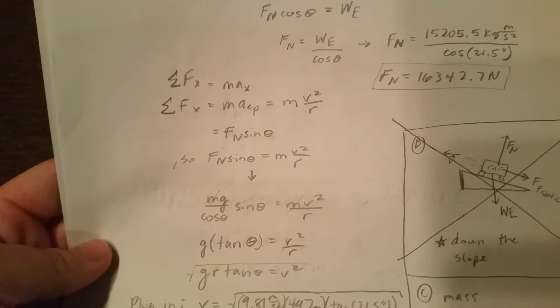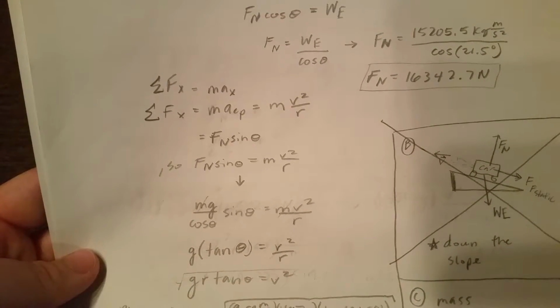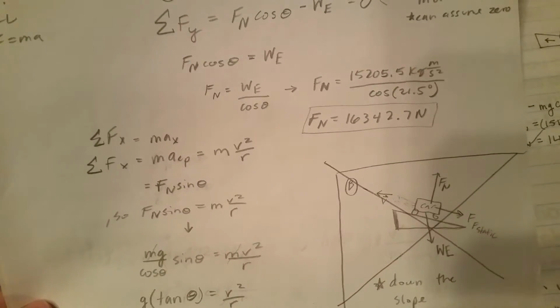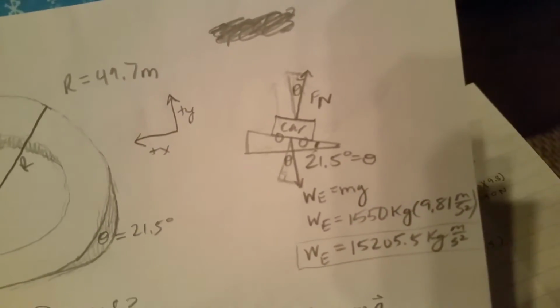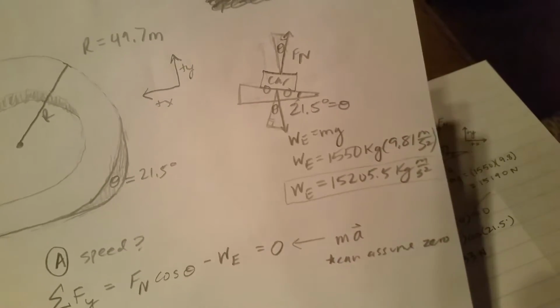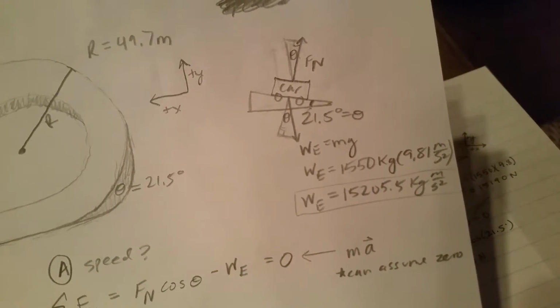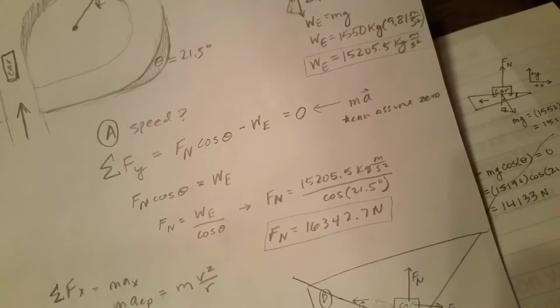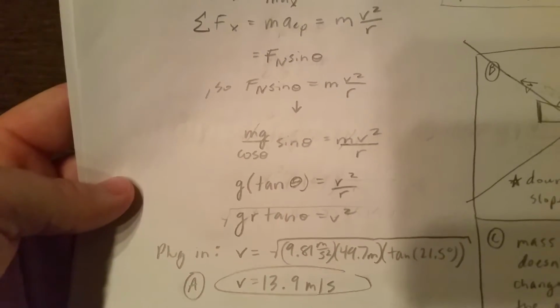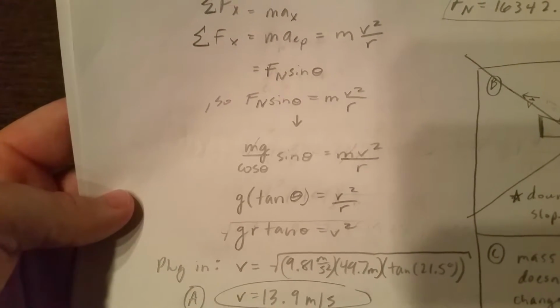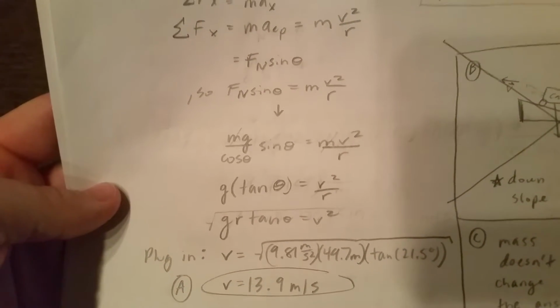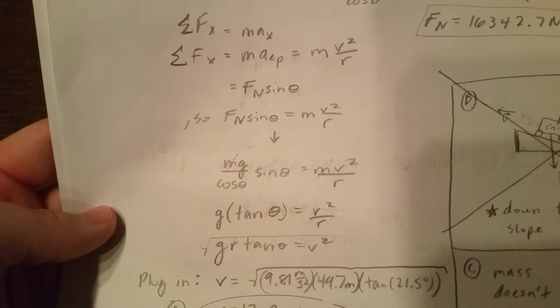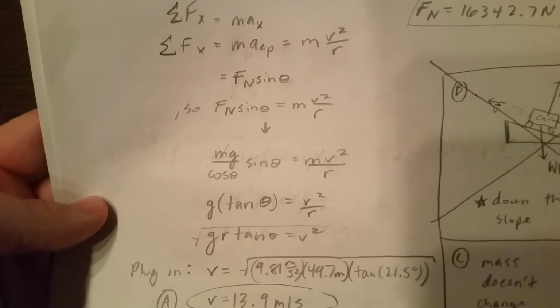Then if you do the sum in the x direction, you have to use the centripetal acceleration. Since it's tilted now, the force in the x direction is the component of the force normal, so force normal sine theta equals ma, and since in the x direction it's centripetal, it's v squared over r.